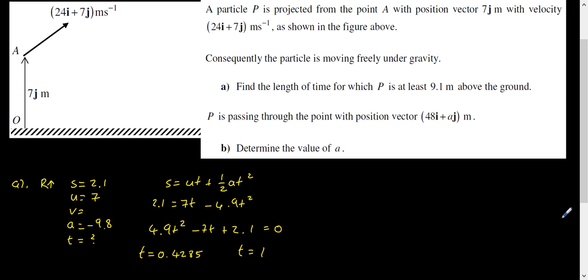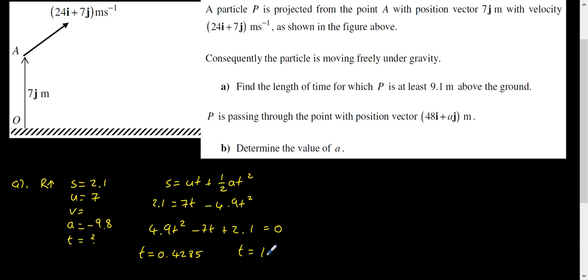So with these values of t, what do they actually mean? Well, the particle is being projected 7 meters from ground, so it's going to travel up until it gets to 9.1 meters. But now it seems that the particle is going to keep going up, and then it's going to come back down again through 9.1 meters above ground. So the time when it first goes through 9.1 meters above ground is 0.4285 seconds.